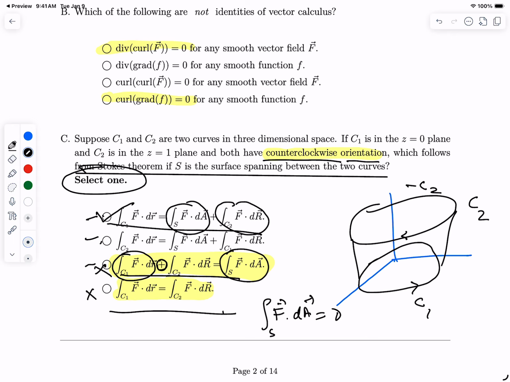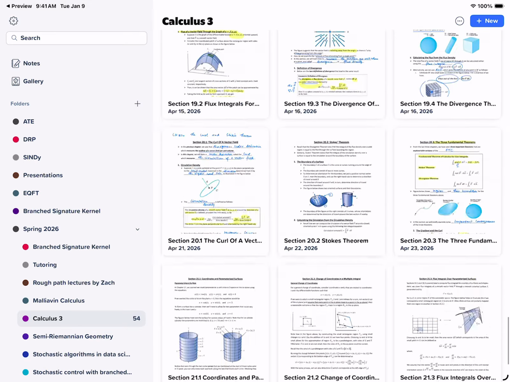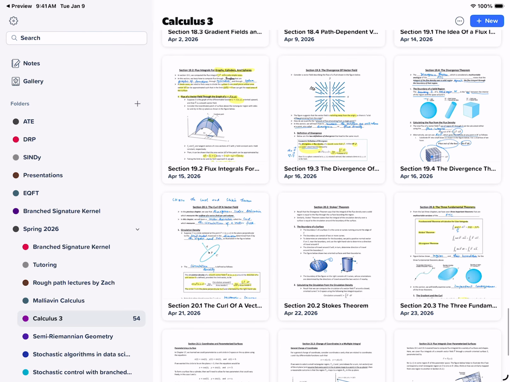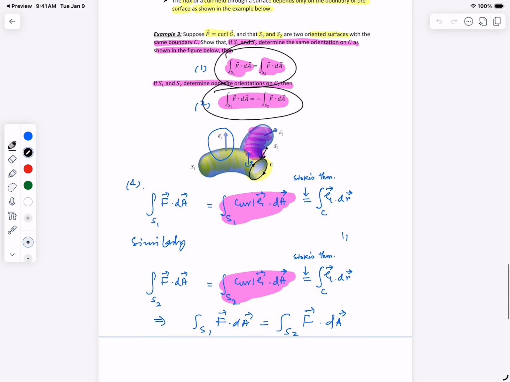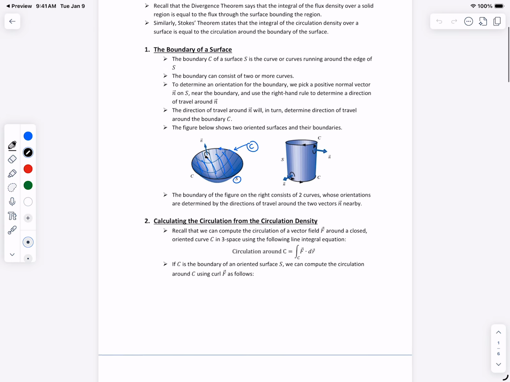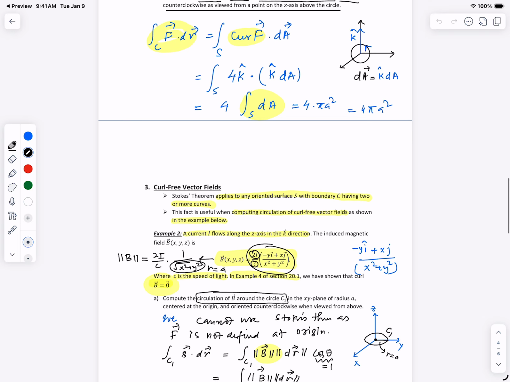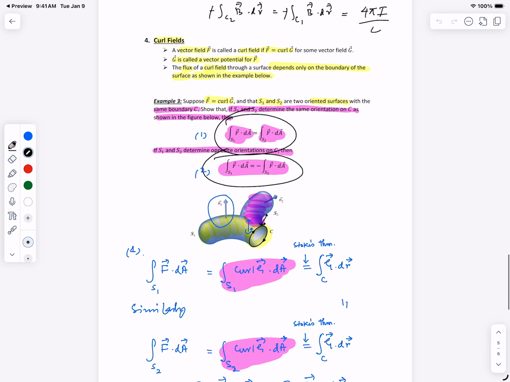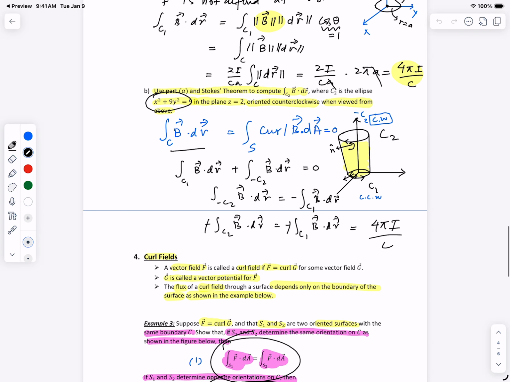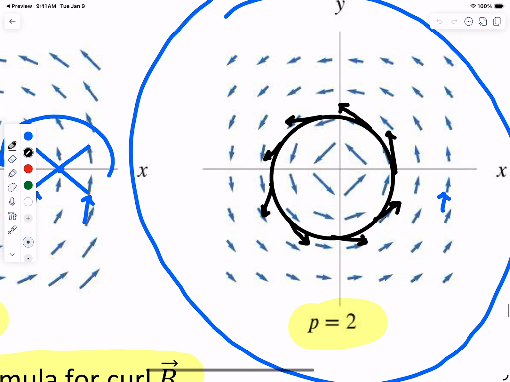But if you are applying exactly the result that we discussed, the orientation is coming from the right hand rule on the boundaries. I can show you the result, I think, that we discussed. What section was that? Stokes theorem? 20.1.